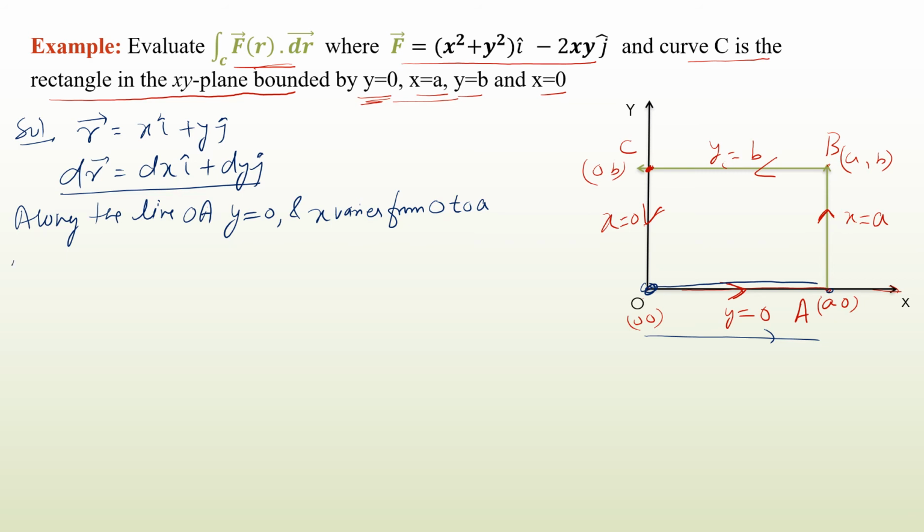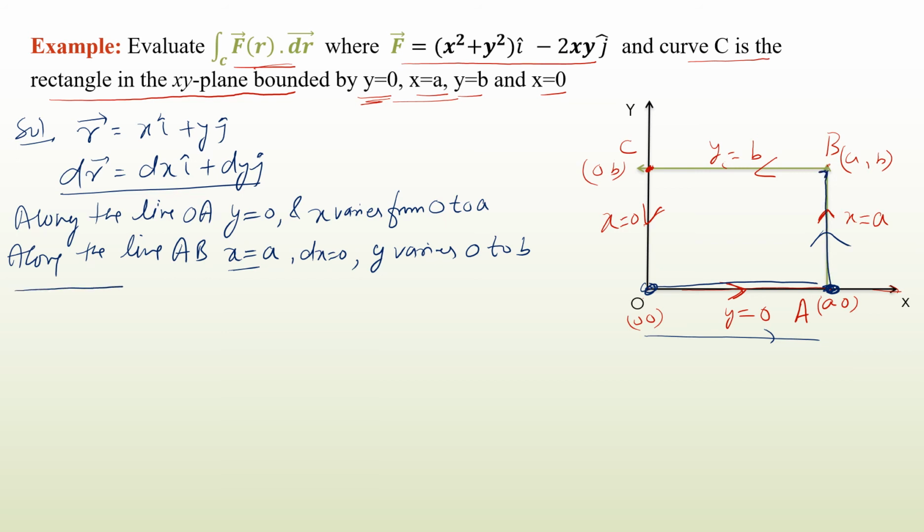Similarly along the line AB, x is equal to a, and if we take the derivative, dx is equal to 0, and y varies from 0 to b.